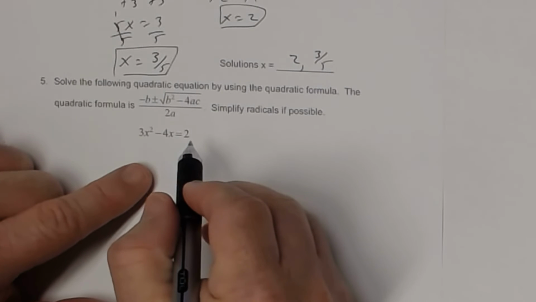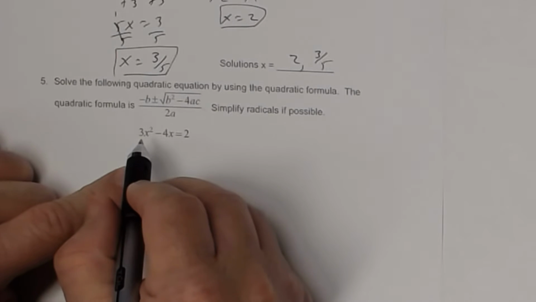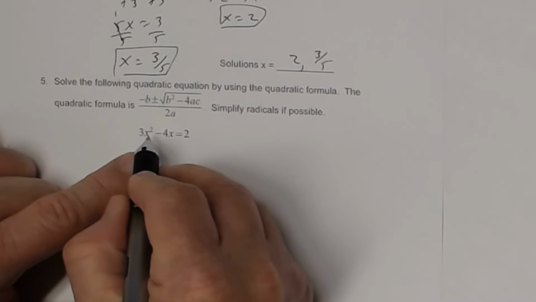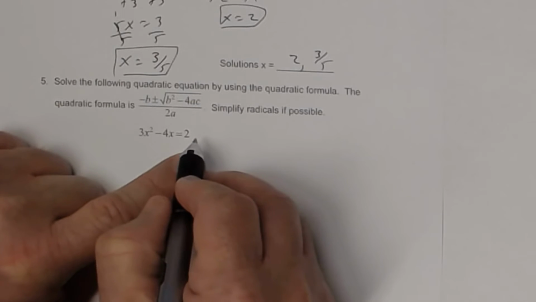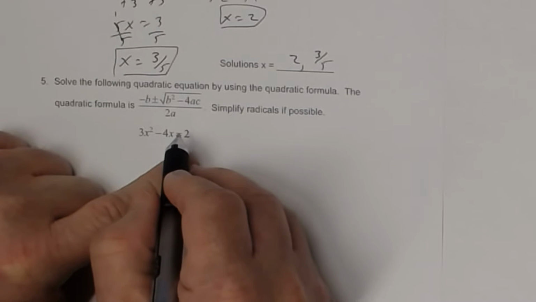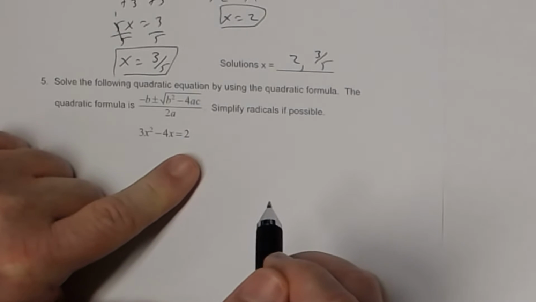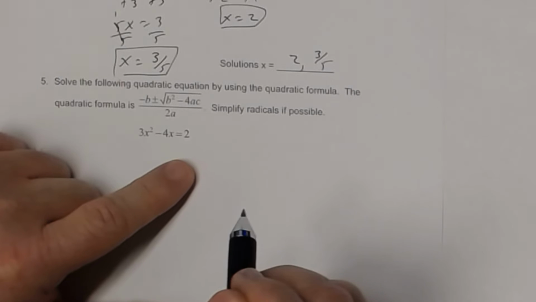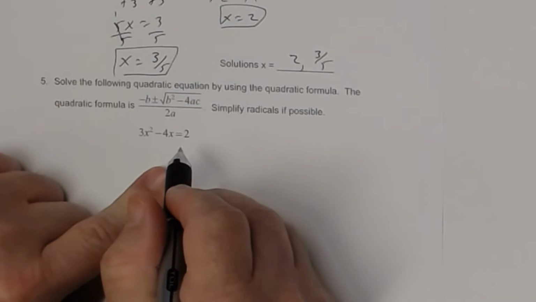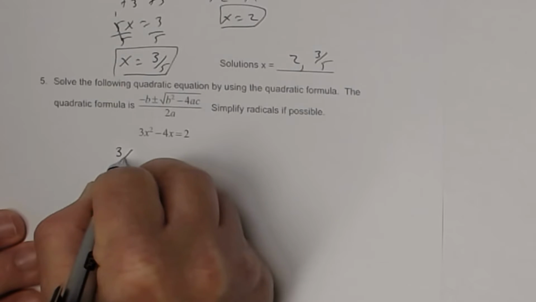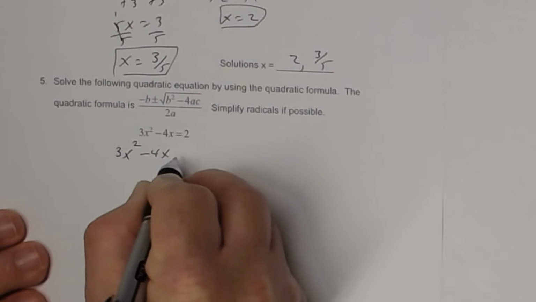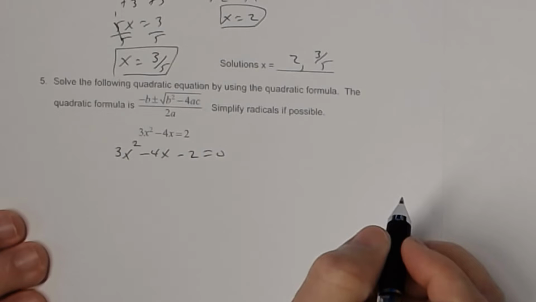The mistake that students will make is they'll say A is 3, B is -4, and then they'll say C is 2, but C is not 2. You first of all had to put this in standard form. So you need to rewrite this as 3x squared minus 4x minus 2 equals 0.